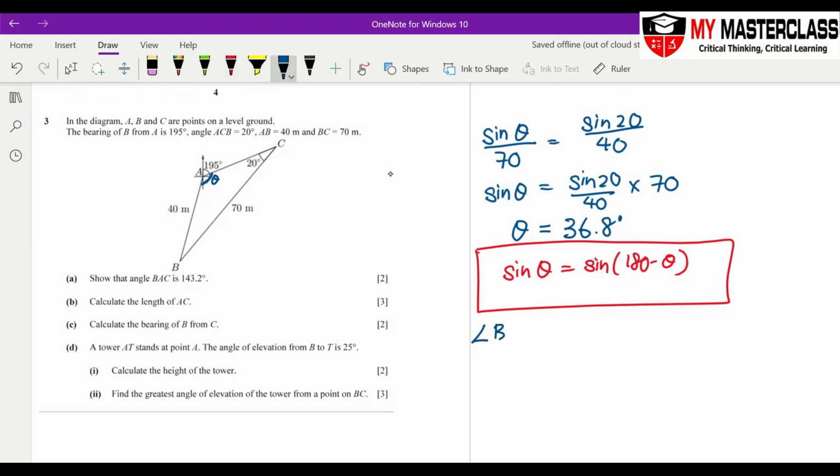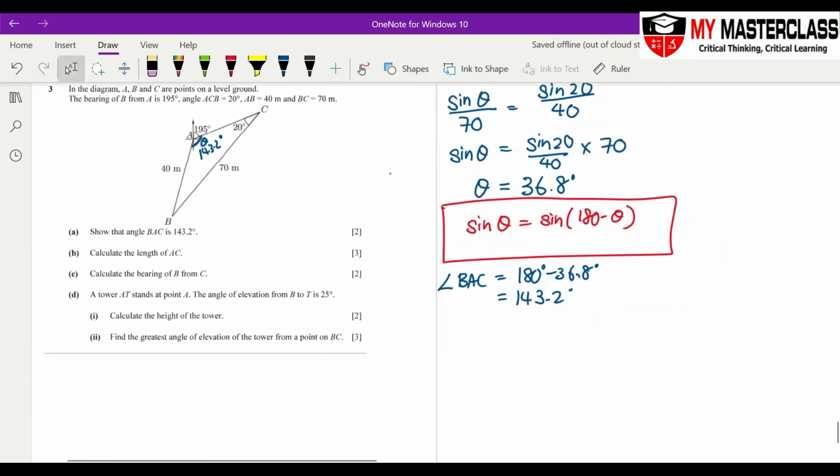So angle BAC, because it's obtuse, is equal to 180 degrees minus 36.8, so therefore it's 143.2 degrees. That means there are two answers for theta: one is theta, one is 180 minus theta. So this guy is 143.2 degrees.